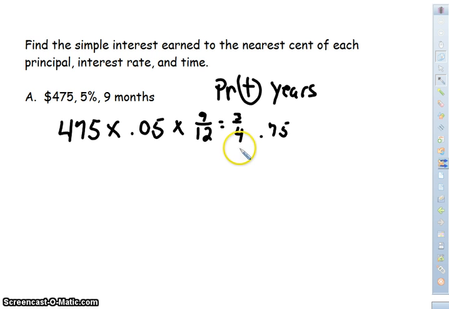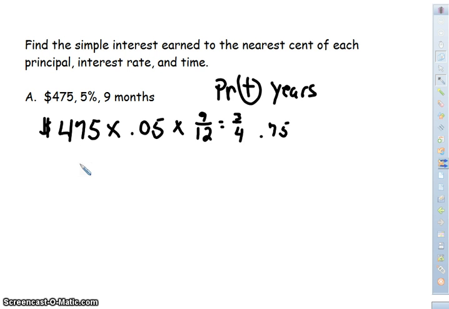So lots of ways you can plug this into your calculator. Remember, using our associative property, you could simply take 3/4 and take 3 divided by 4 in your calculator, which is going to give you 0.75 times the 0.05 times $475. Any of that works. So just be careful when you do that.